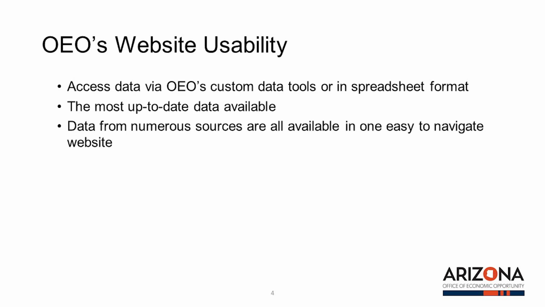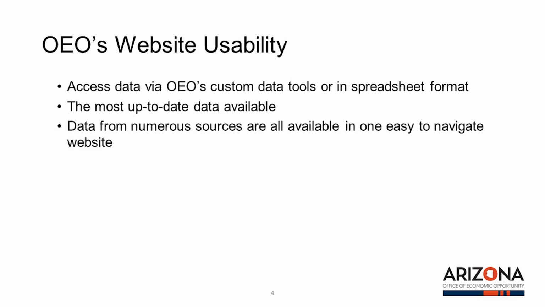Throughout this, I'm going to be highlighting our website's usability. We do have data compiled from multiple different sources. So instead of going to the Bureau of Labor Statistics and downloading the information from them, we already have it all compiled on our website in one easy to navigate area. So hopefully that saves you time.